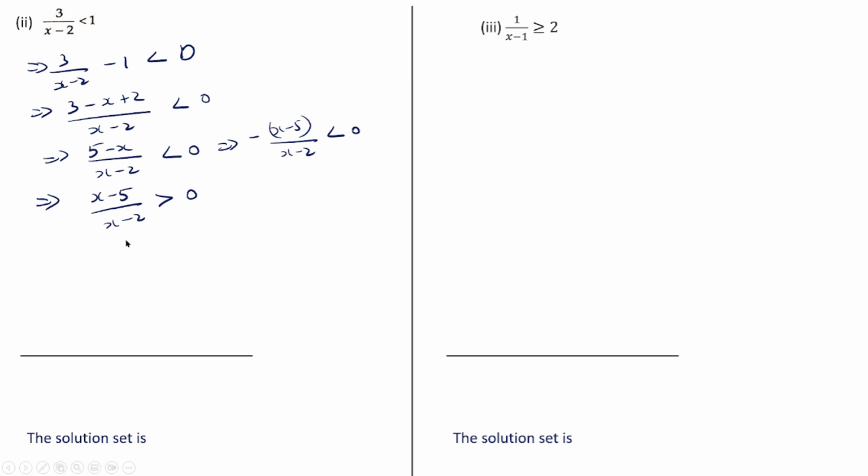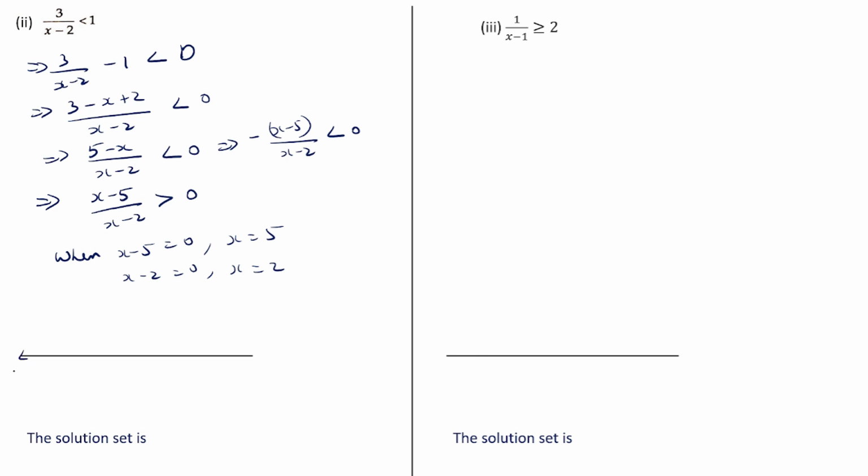So now we have the usual function of x in the numerator and in the denominator, and we have to find the values of x for which this function is more than 0. So let us find the points when x minus 5 equal to 0, x is 5, and x minus 2 equal to 0, x is 2.